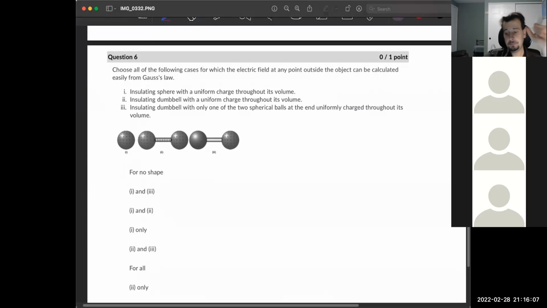So for the second picture, it is not a sphere or any shape that satisfies. Exactly. The electric field from the second one is all sorts of weird shapes. You can't enclose it with any particular shape to satisfy Gaussian symmetry. But for the third one, you literally only need to enclose the right sphere with a sphere to do Gauss's law.